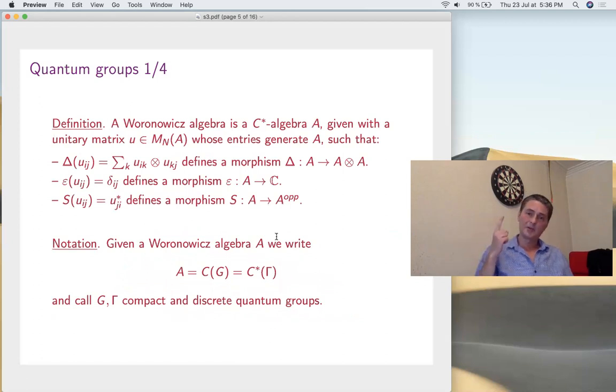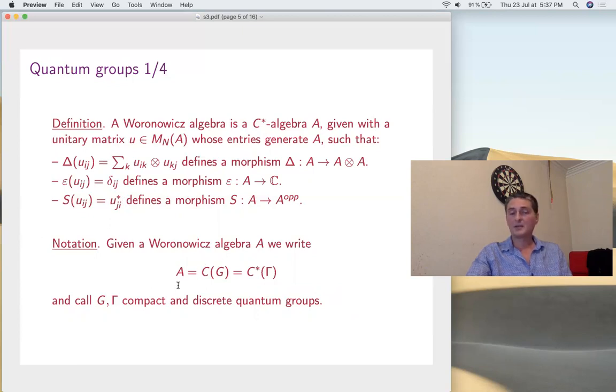So I want to formalize unifying the compact Lie groups with the duals of finitely generated groups. And the minimal one, which is actually very beautiful precisely because it's minimal, is this one discovered by Woronowicz some 30 years ago. So it takes star algebra with a unitary matrix with entries generate A, such that you have delta epsilon S of algebra maps if you want on generators like this.